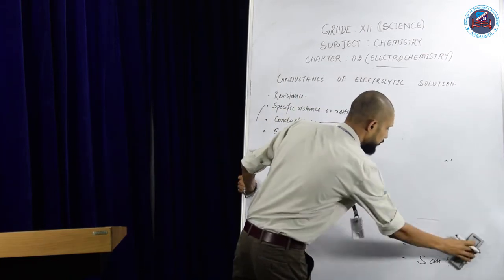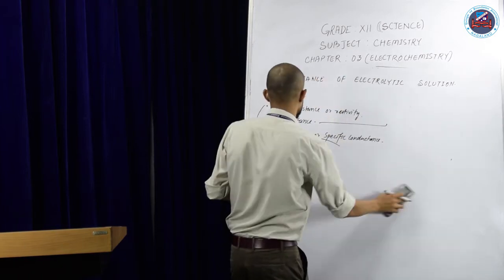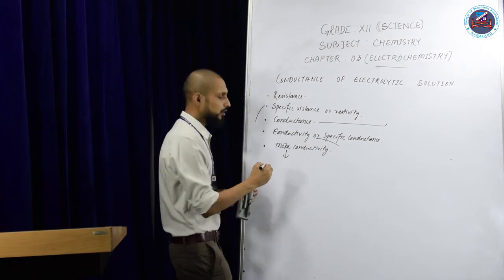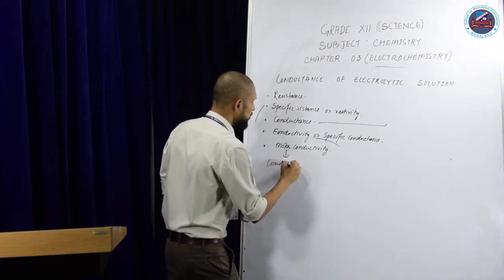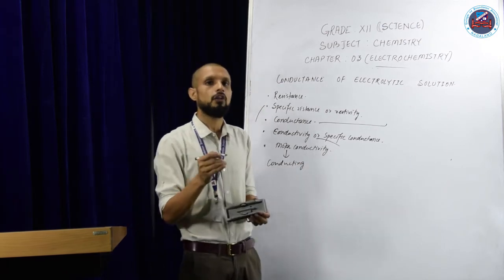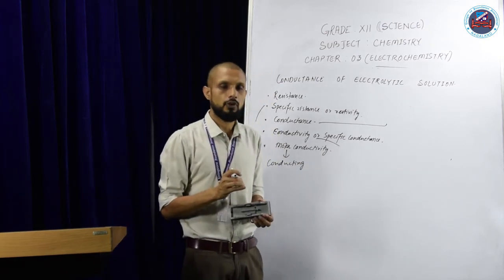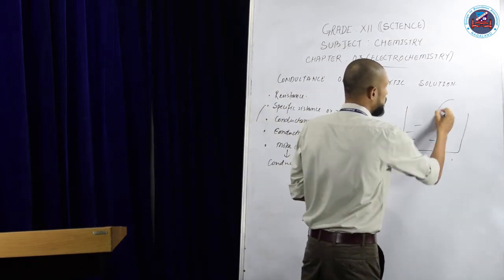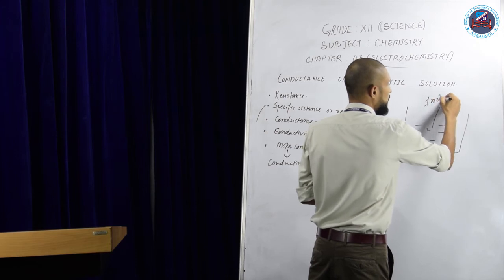Next is molar conductivity. Molar conductivity is defined as the conducting power of all the ions produced by dissolving 1 mole of an electrolyte. Say you take a solvent, and in the solvent you dissolve 1 mole of an electrolyte.